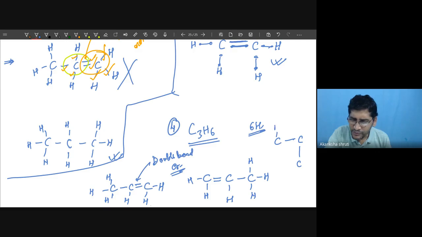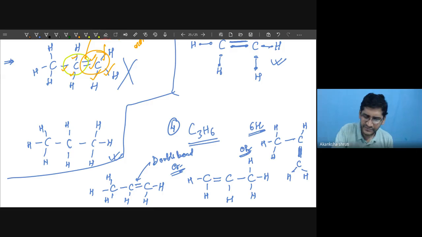So still you can put the three hydrogen at one of them, one hydrogen here, and the double bond here. So while drawing this double bond, I will be left with only two more bonds for this last carbon. So I have to fill only two hydrogen. Okay. So whether you draw like this, all mean the same. Are you getting it? So these are the important things that you have to keep in mind.